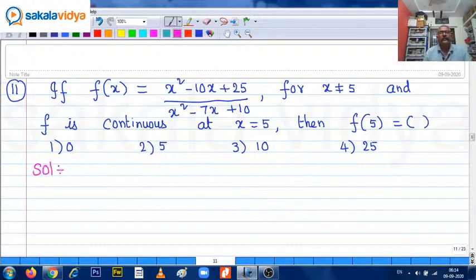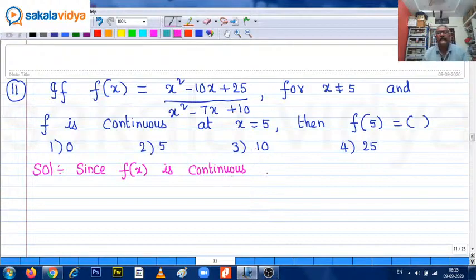Solution. So since f of x is continuous, I need patience, because I need to write everything, because offline viewers also may watch this. Understood now? That's why I need to write all these things.